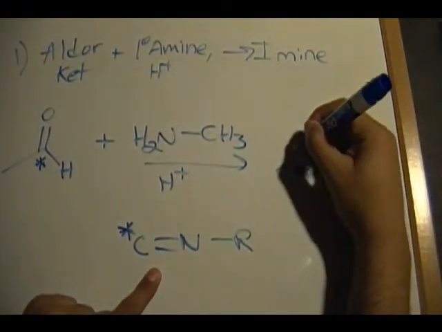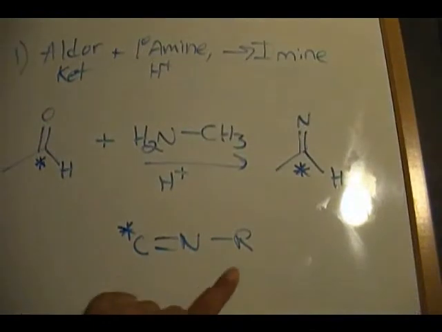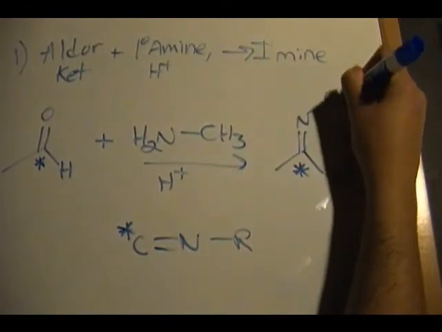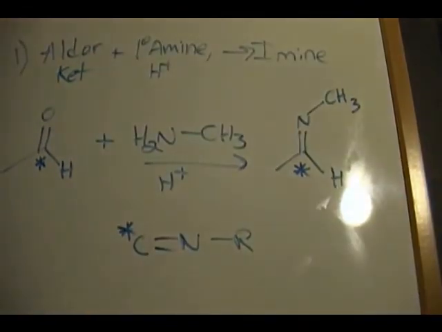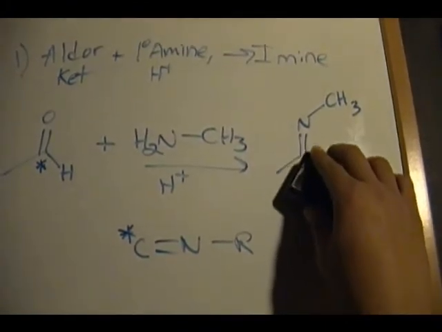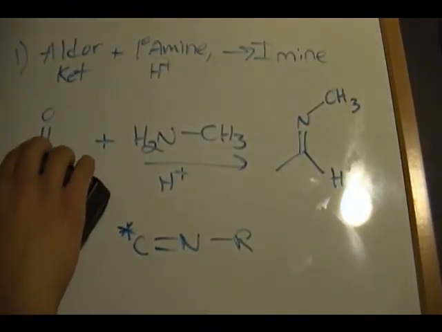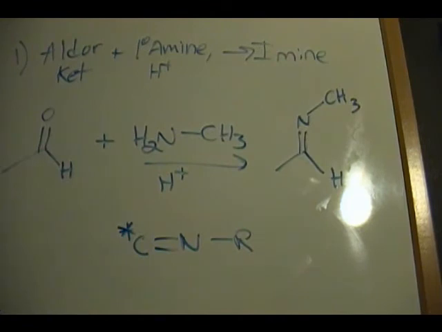Let's draw our double bonded nitrogen and our R group, which in this case is the CH3 group here. That's all you need to do to draw your imine, and that right there is your imine. Make sure you erase that star carbon, because people will think that it's a radical. So that is your product for that specific reaction.